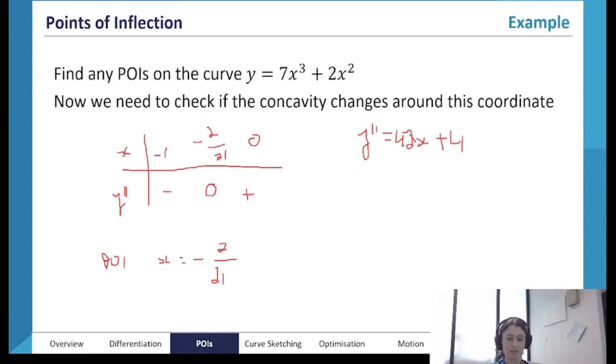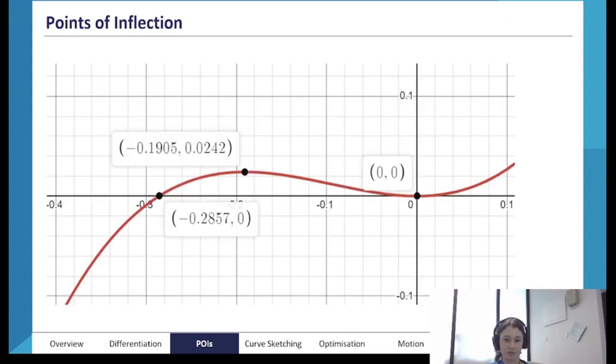So this is how points of inflection can really help with curve sketching, because they tell us what the curve actually looks like and the concavity of the curve, which is really helpful.